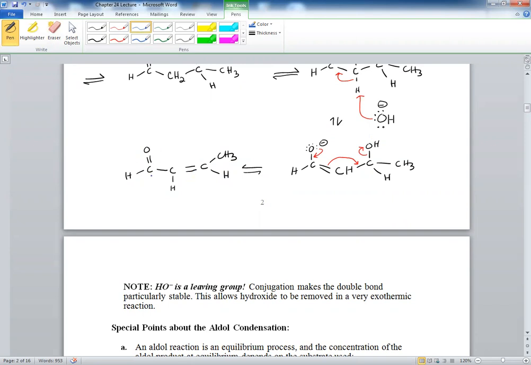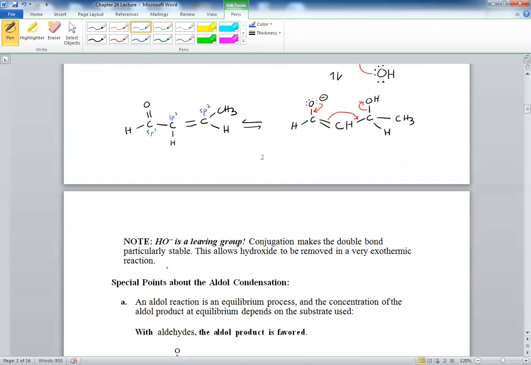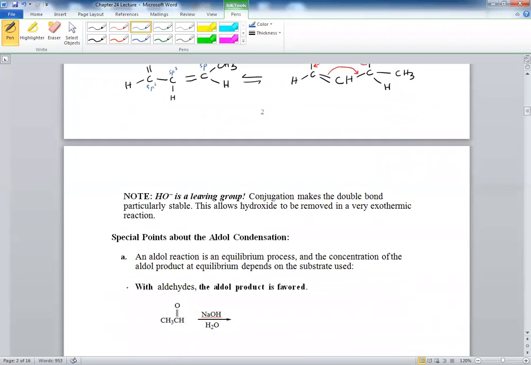So this is conjugated. This is sp2, sp2, and sp2. Remember, when we have a double bond, we have sp2 hybridized, which means we have empty p orbitals, and then they interact with each other, which forms conjugation. So this is why OH is okay to leave.